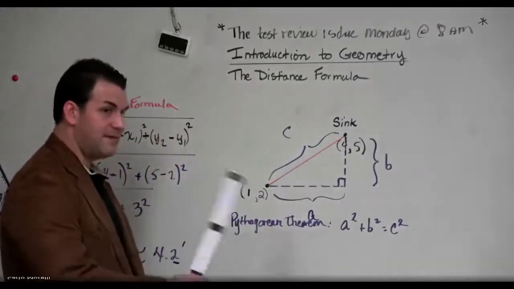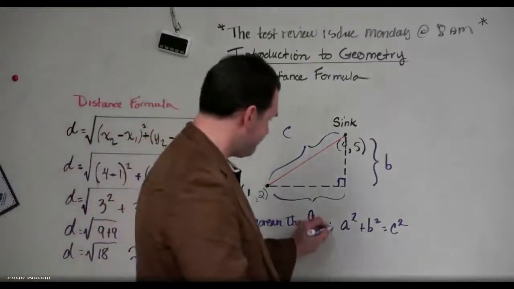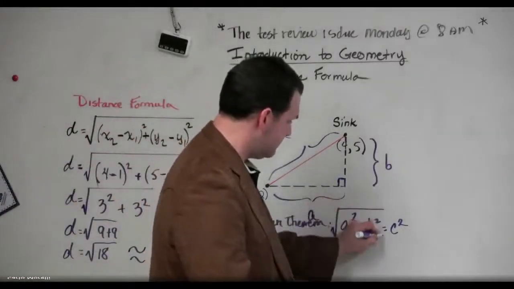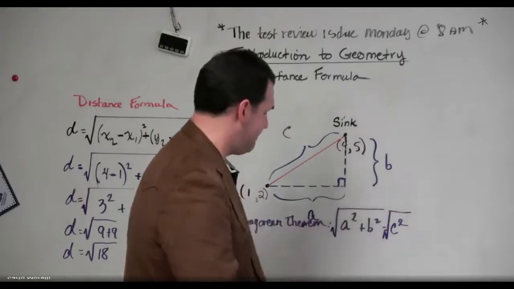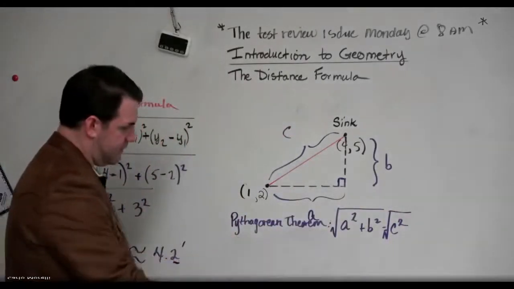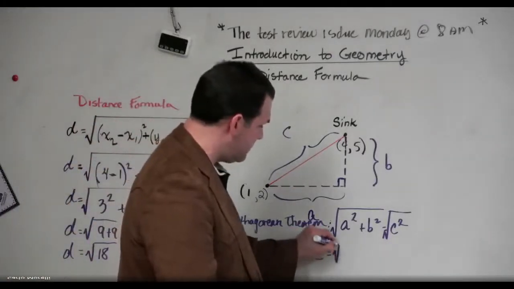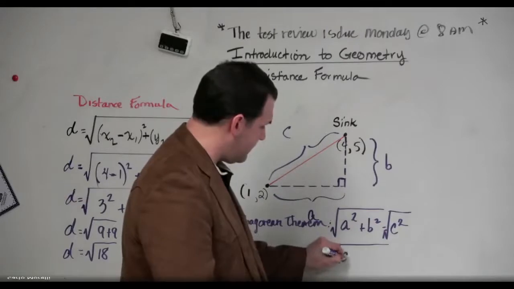So if I want c by itself, I have to take the square root of both sides. Like that. And if you'll allow me to move the c up front, then we get c equals the square root of a squared plus b squared.